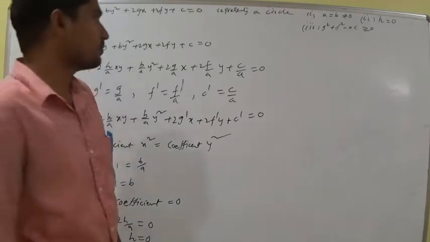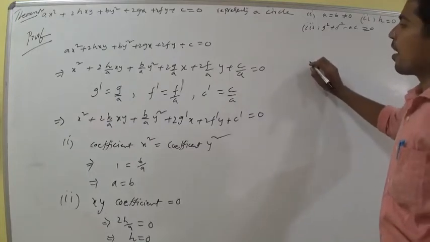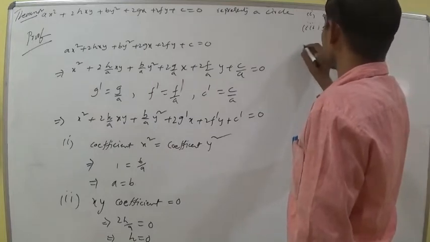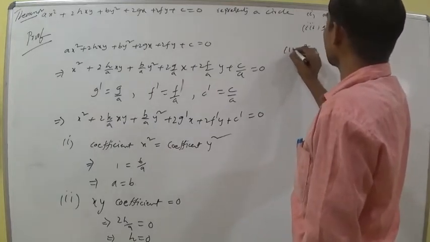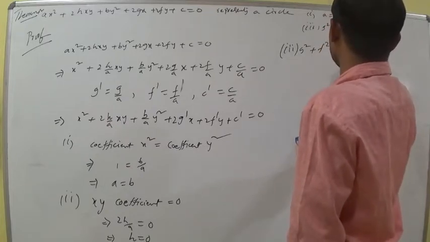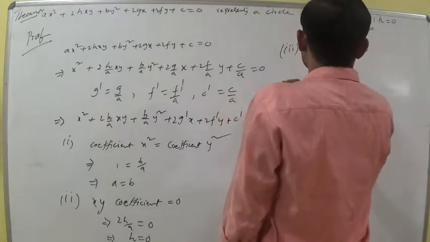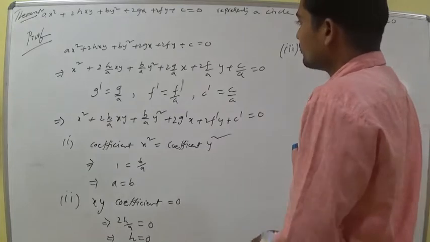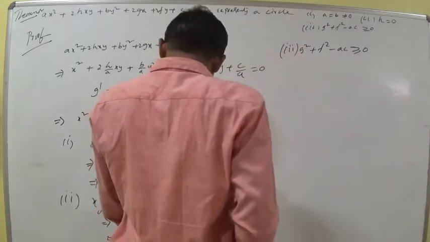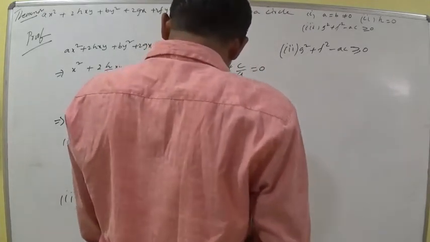Now the third one: g² + f² - ac ≥ 0. The radius is greater than or equal to 0 here.